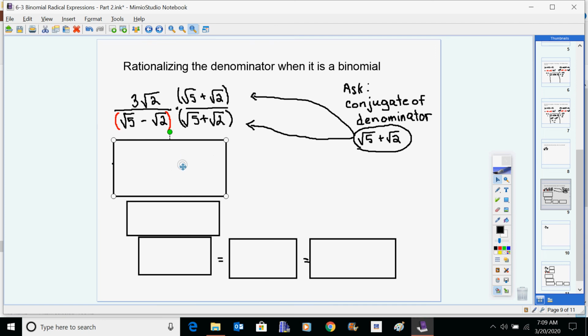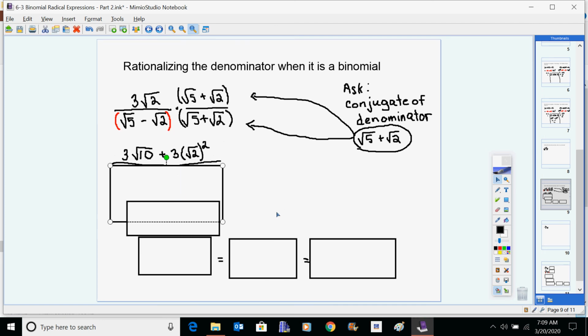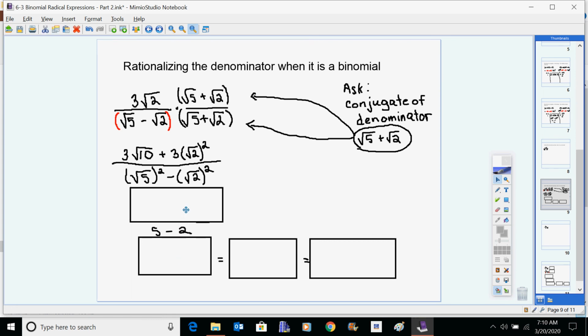So our numerator, you still need to distribute. You still need to take 3 square root of 2 times square root 5 and 3 square root 2 times square root 2. But our denominator, we can simplify quickly by saying that this is square root 5 squared minus square root 2 squared, which ultimately turns into 5 minus 2, which is pretty neat because that's super easy.